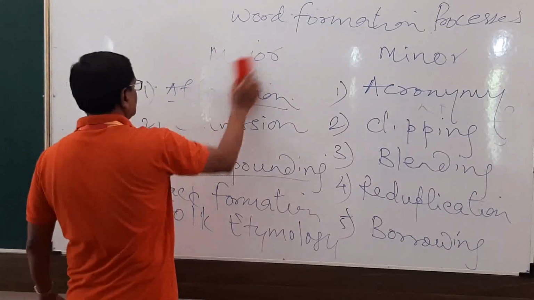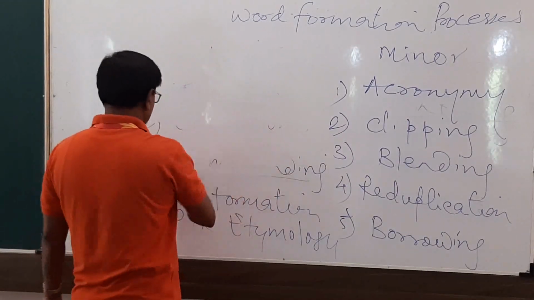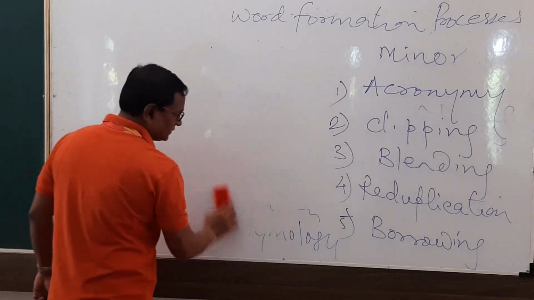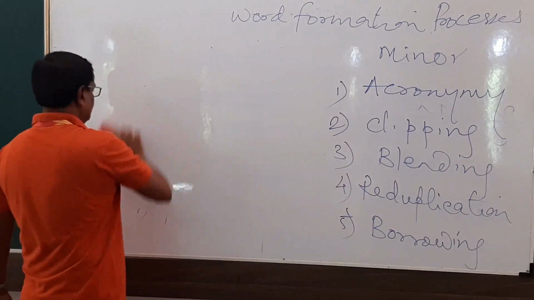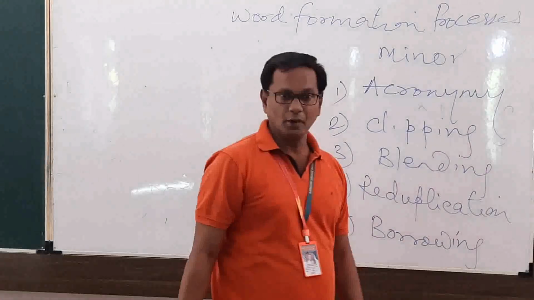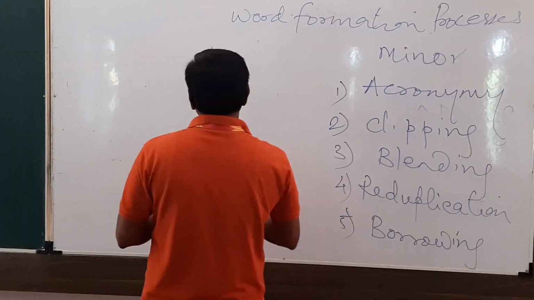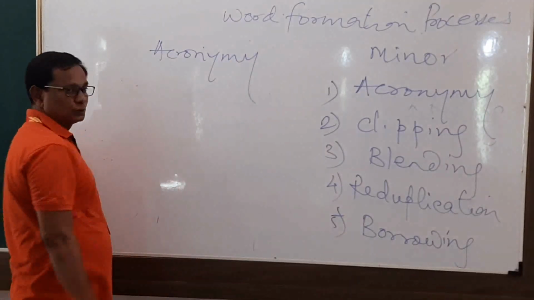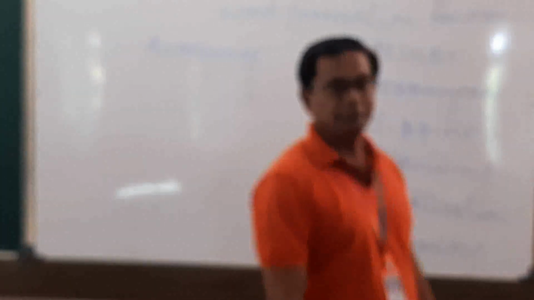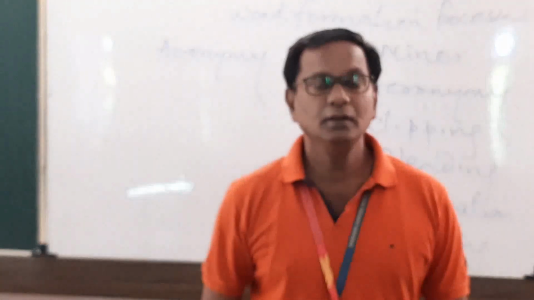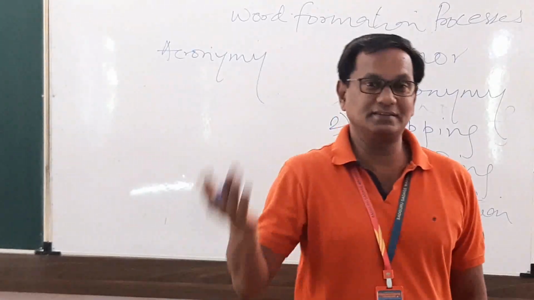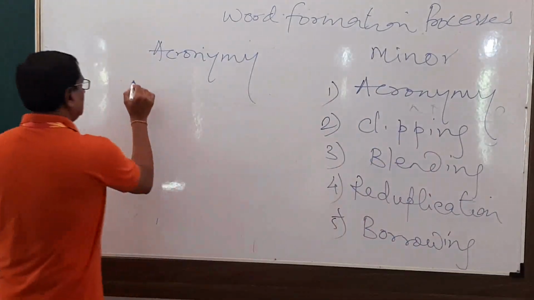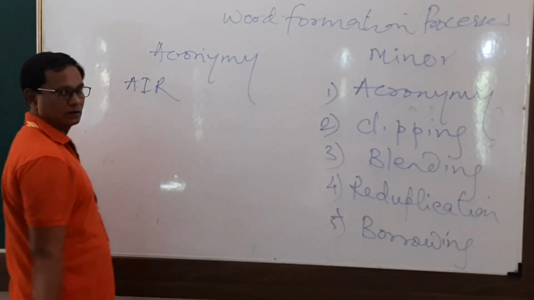Let us try to understand all these minor processes by paying attention to their properties and some of the examples that denote them. The first one is acronymy. Acronymy is a process in which the first letters from successive words are selected to form a word. We have the acronym word AIR.